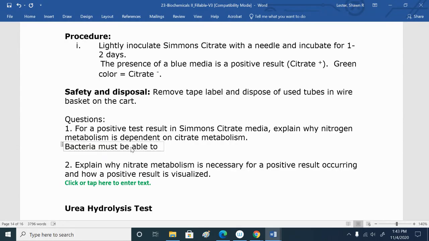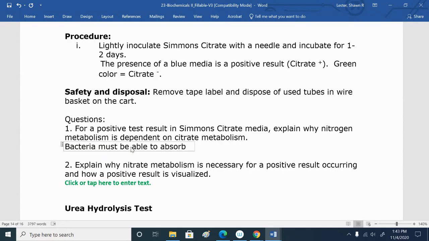What must the bacteria be able to do? To produce ammonia? No. What do they have to be able to do first? To absorb the nitrogen? Nope.